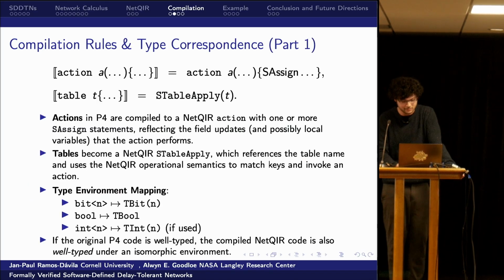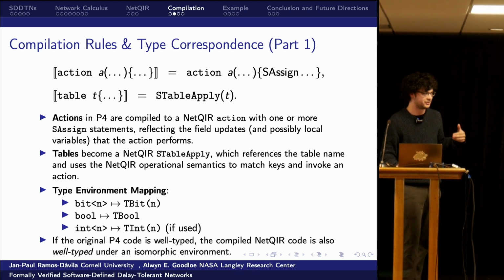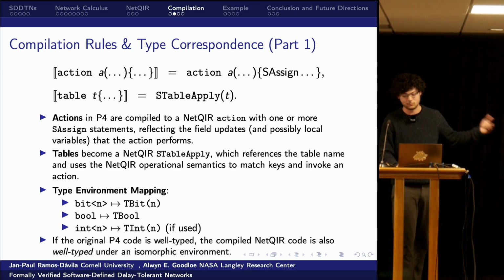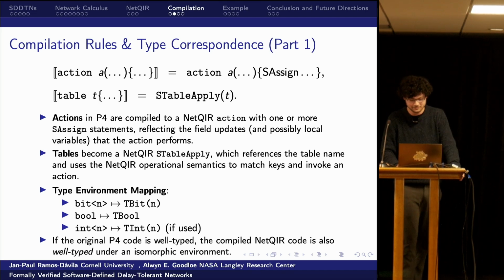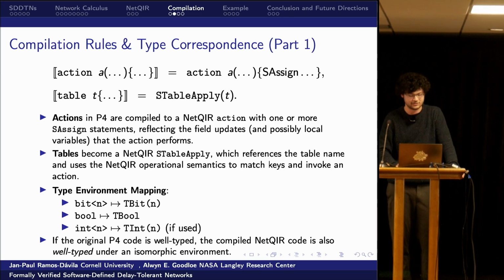Now the important part here is we need some sort of type preserving compilation process to make sure that whatever subset of P4 we define, when going into NetQIR, it actually preserves types. So what we are mechanizing is essentially the same as what we did not mechanize, which is the P4 code. Here we have the compilation function, which translates each P4 construct to its NetQIR counterpart.